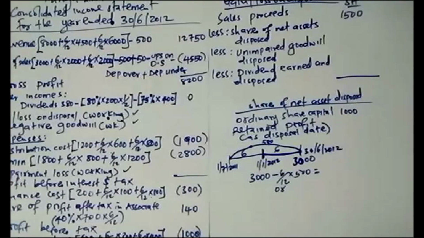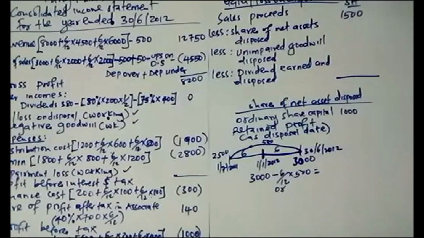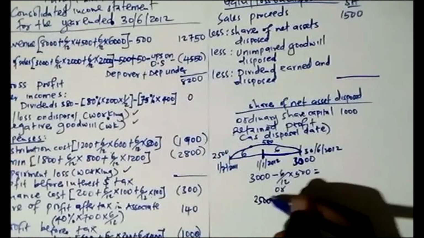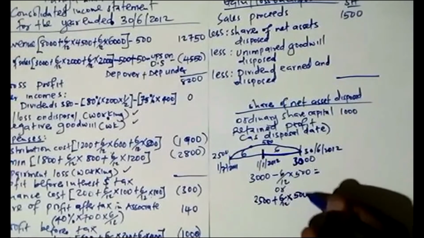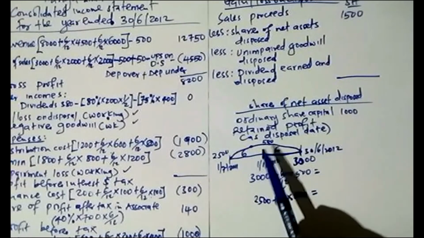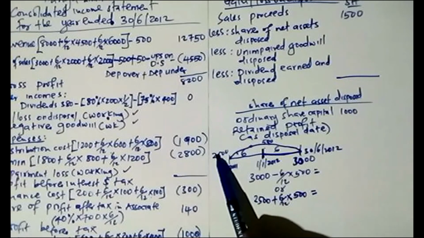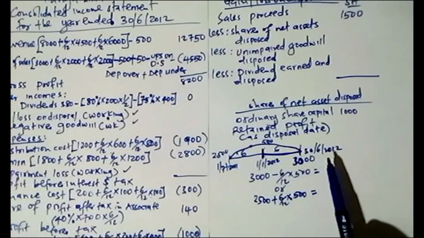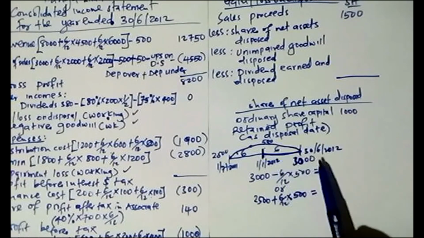So if I record 2,500 at the start here, I take the 2,500 and add my first 6 months. For the year, I have to apportion it for the first 6 months, then add the balance brought forward to that first 6 months. But if you start from the balance carried forward at the end of the year, I have to subtract the last 6 months.